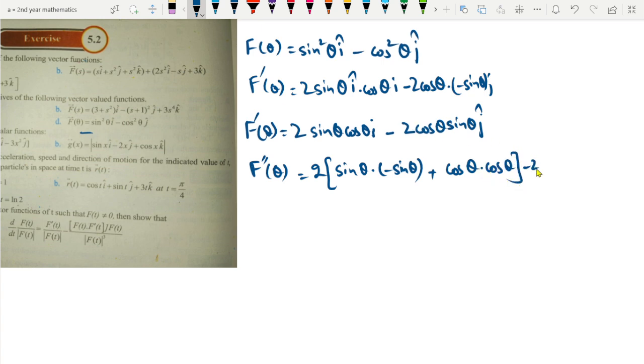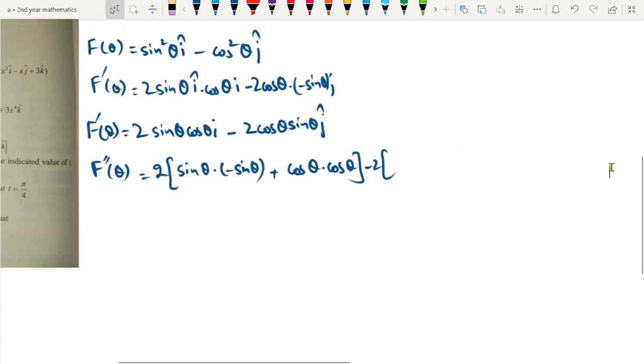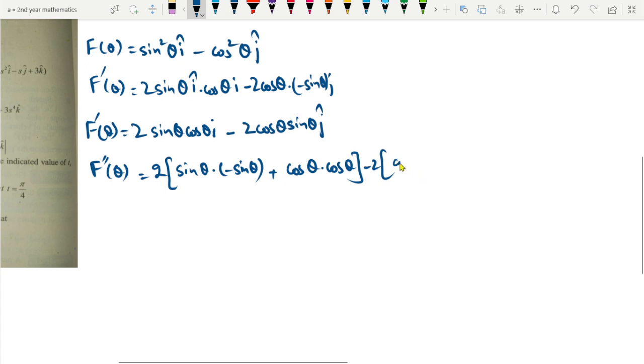Now minus 2, this will become, also apply the product rule here, first into derivative of second plus second into derivative of first. Derivative of first is minus sine theta.